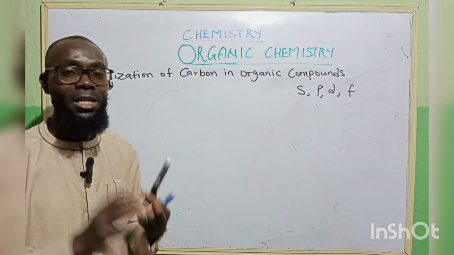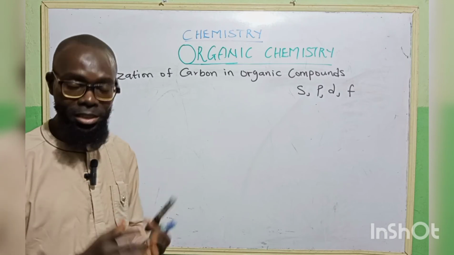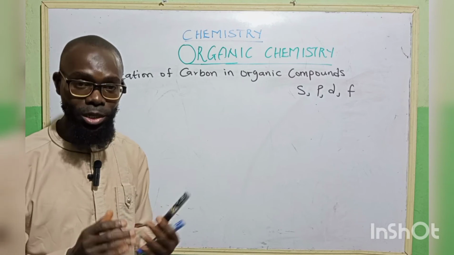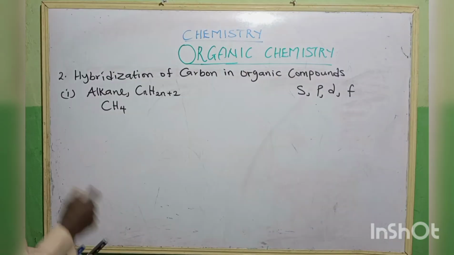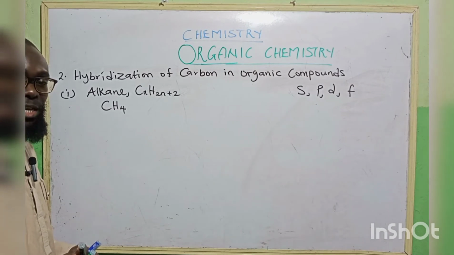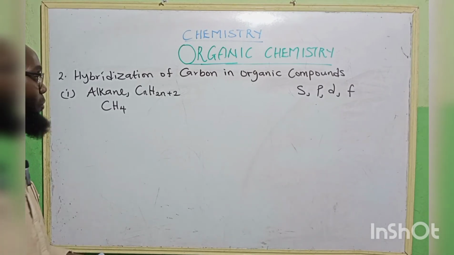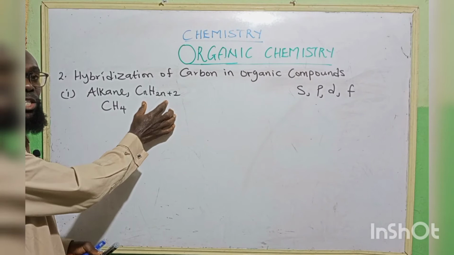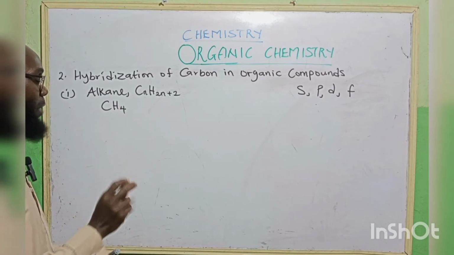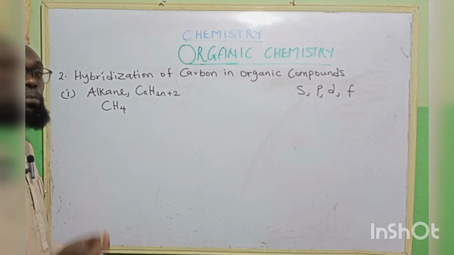Some families have double bonds. Some families have triple bonds. Now, let's look at them one after the other. The first one we consider is alkane. Alkane has the general molecular formula of CnH2n+2. And the first member of alkane, we normally call methane.